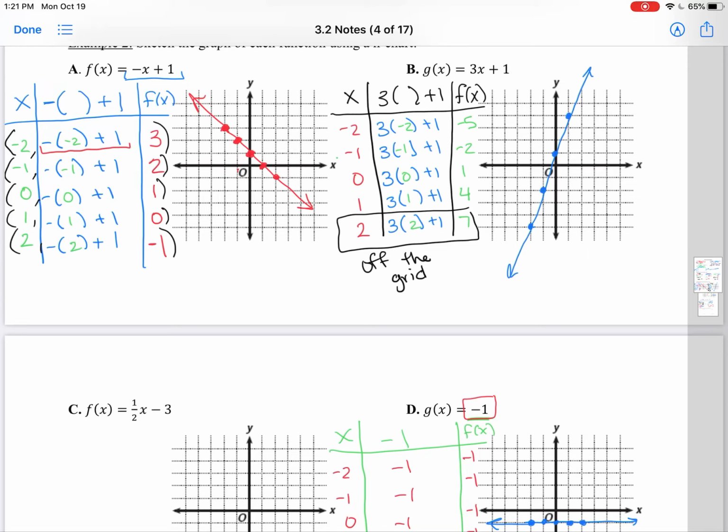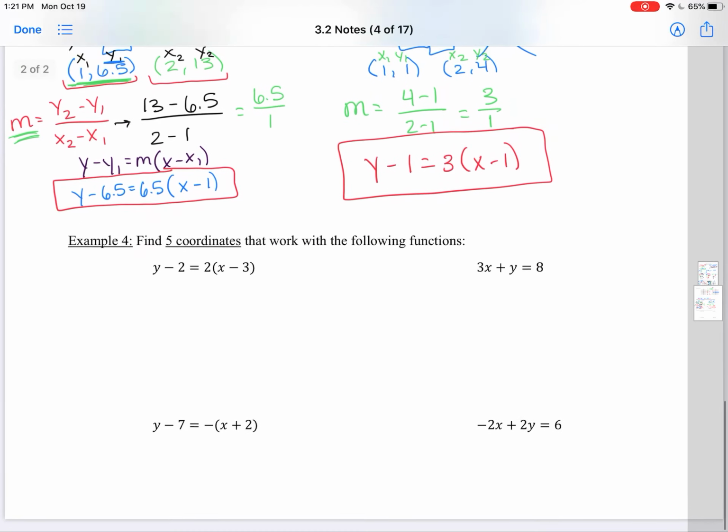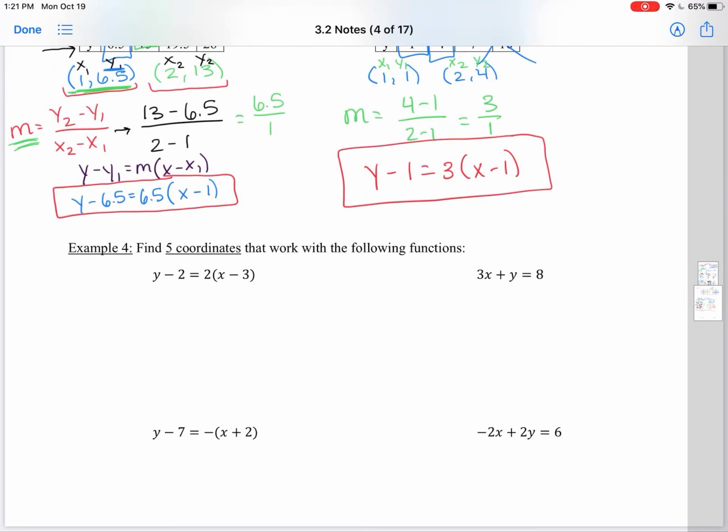Okay. I had 5 points. On question B, I only had 4, but really I could have had 5. It's just the 5th one didn't fit. But I can get 5 points based off of the same 5 x values that I had on the H chart. So for example 4, I'm looking for the same thing. You can make that H chart and you can solve.